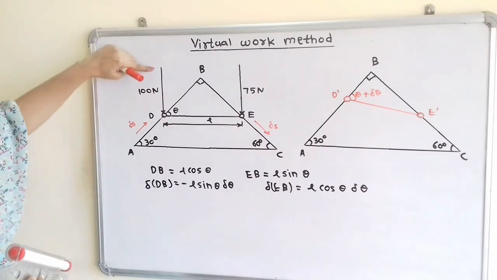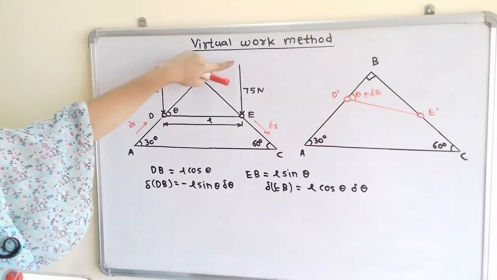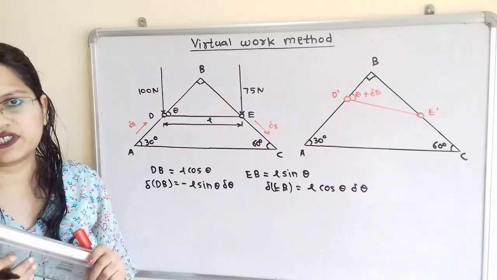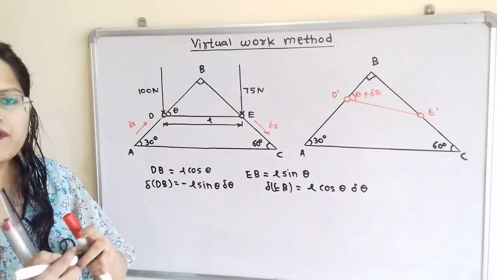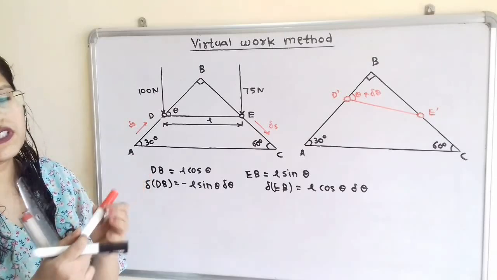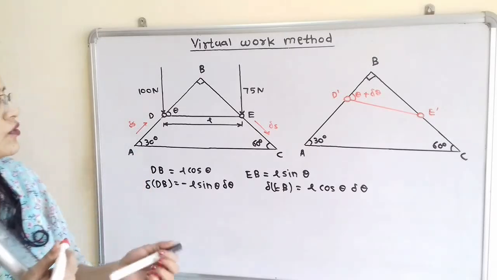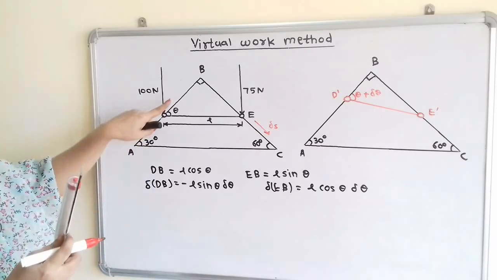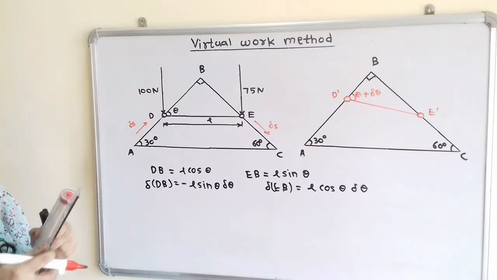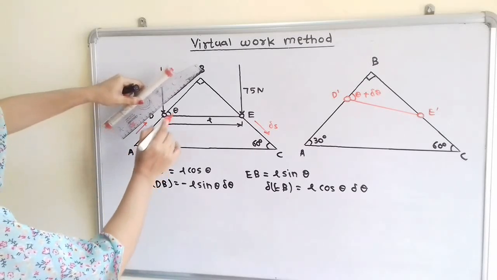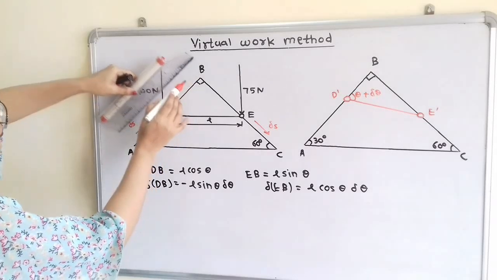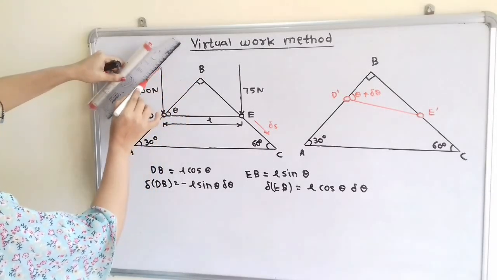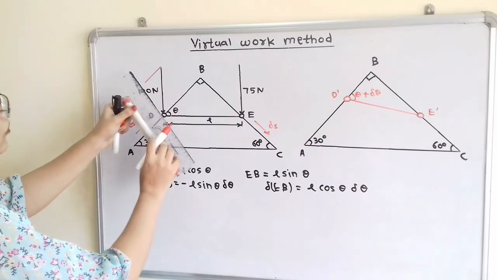Now if we observe, the forces of 100 Newton and 75 Newton are in the vertically downward direction. We will resolve these forces into two components: the first parallel to the inclined plane and the second perpendicular to the inclined plane.